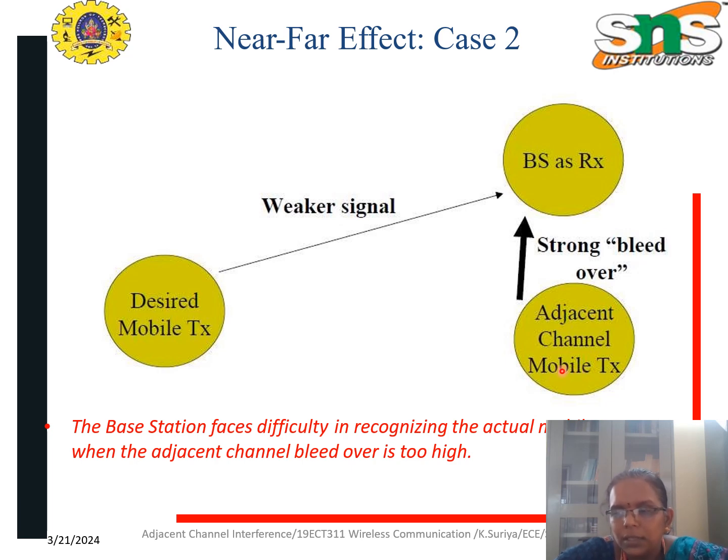So you are getting signals from both the adjacent mobile transmitter and the desired mobile transmitter. This signal is weak when compared to this signal, so the base station will recognize the stronger signal rather than the weaker one. So instead of receiving the actual signal, it will receive another signal which is not the original signal.